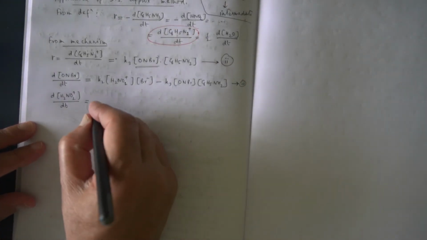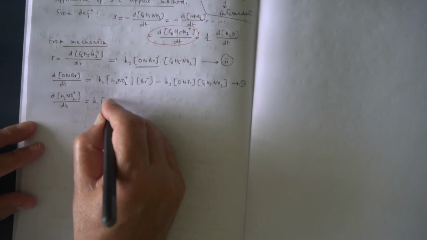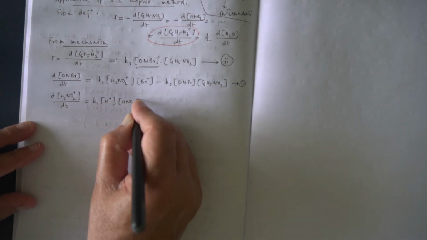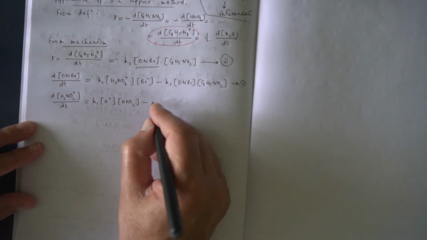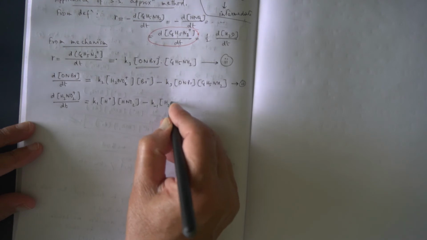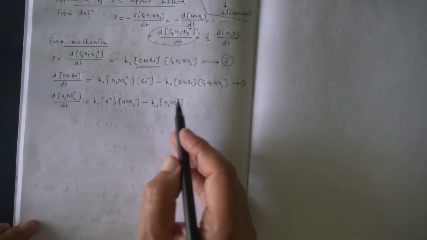So it will be K1 [H+][HNO2] minus K−1 [H2NO2+].